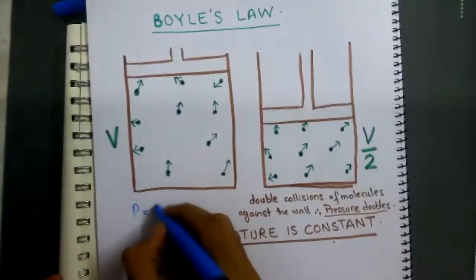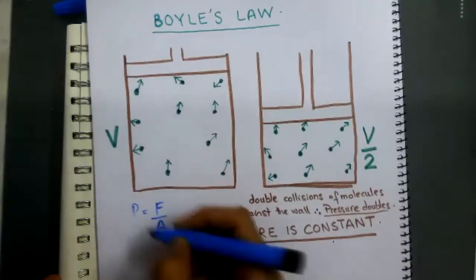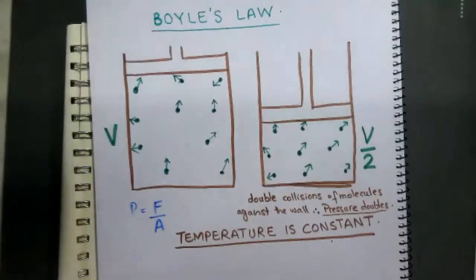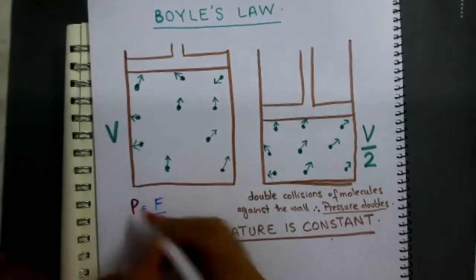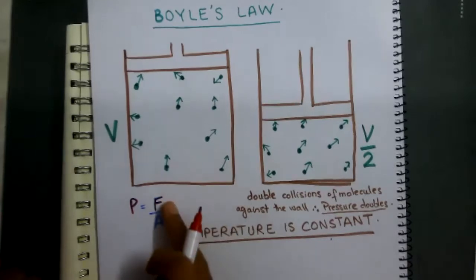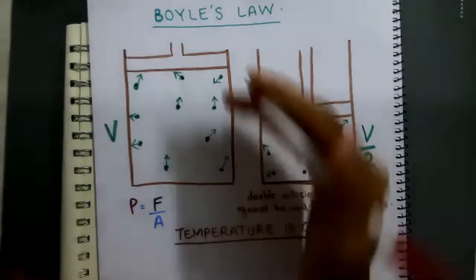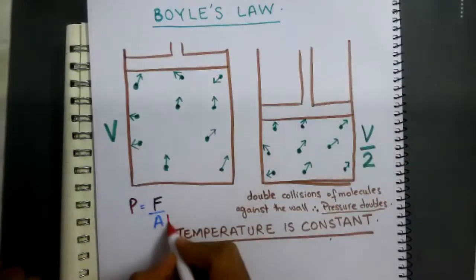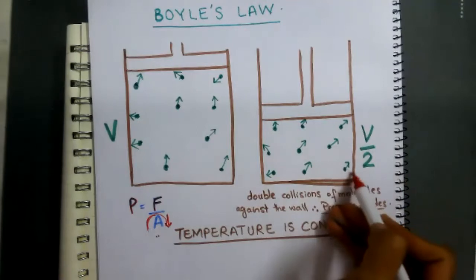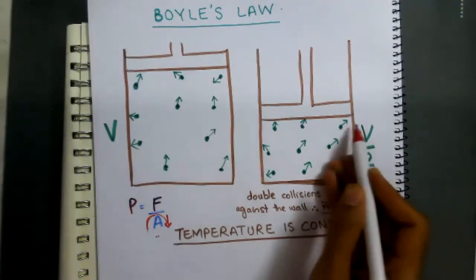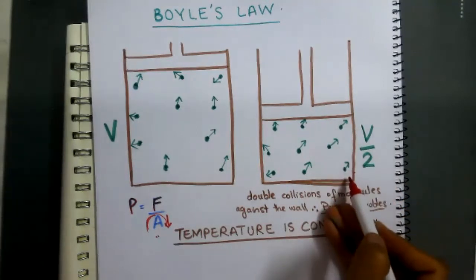Pressure is force over area, right? Because the force is the same, but if you are decreasing the volume, the area would decrease. What do I mean by area here? The area of the wall against which these particles are colliding.